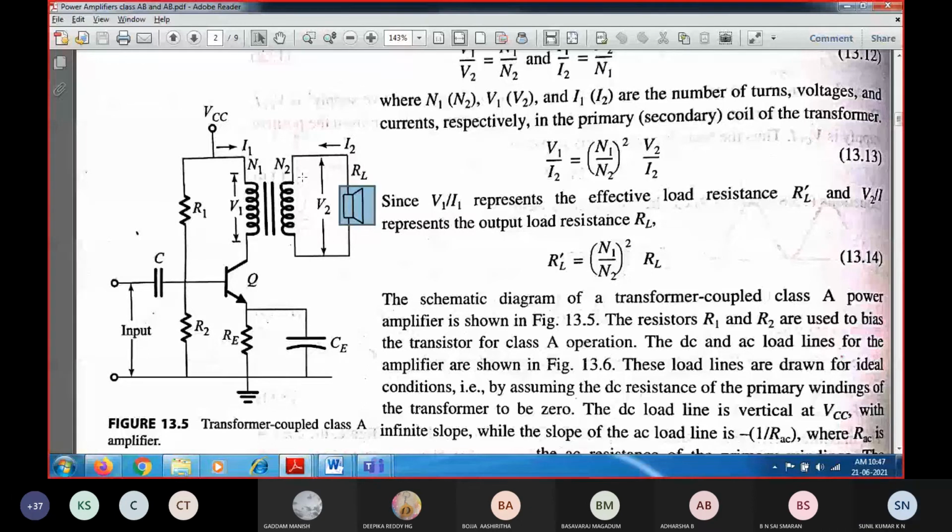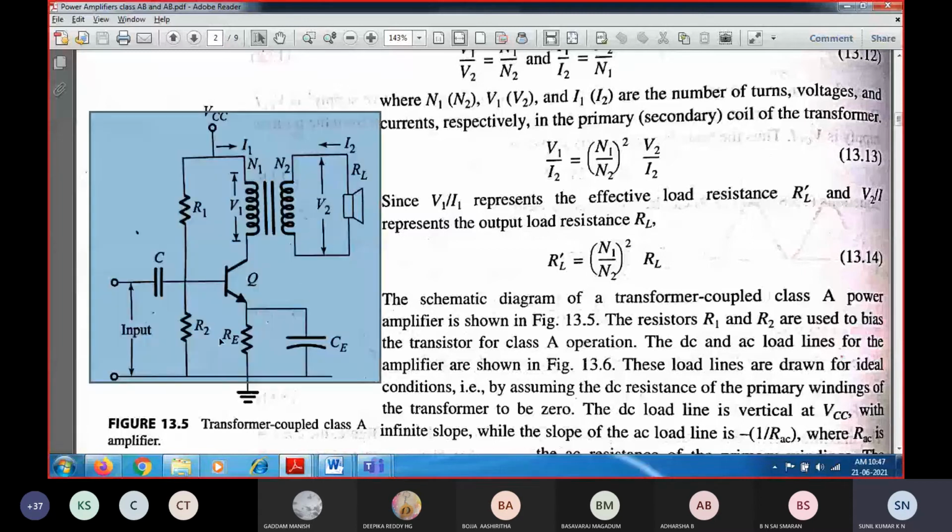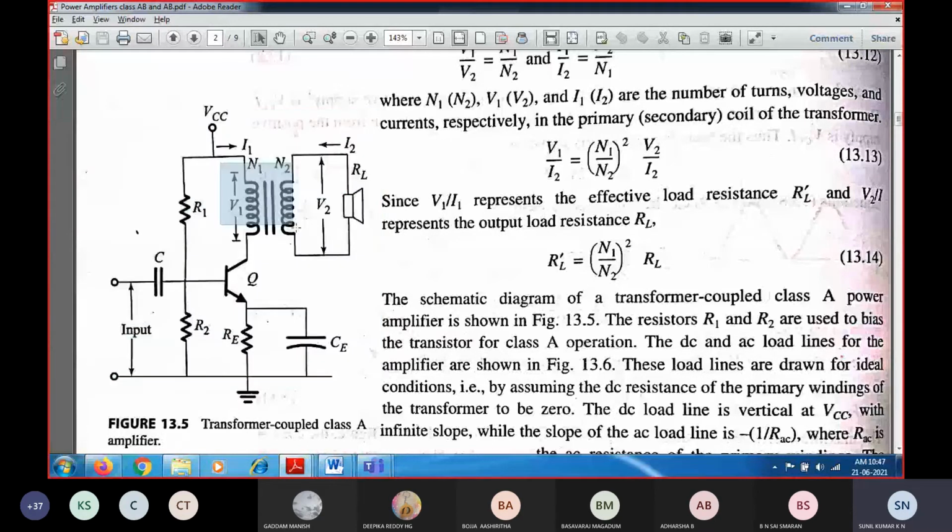To overcome that drawback in conversion efficiency, for a given RC coupled amplifier, you employ a transformer at the output, with V1, number of input turns N1, and N2 as the number of output turns, and you can increase the maximum conversion efficiency.